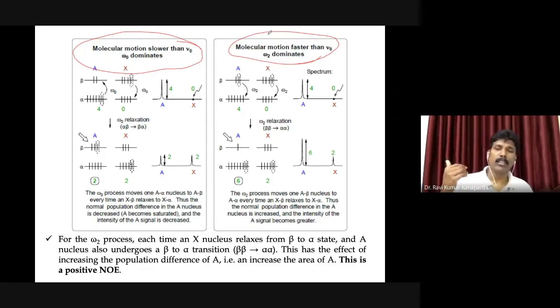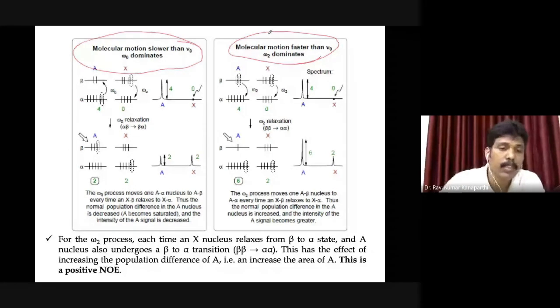Most NMR spectrometers come with a Peltier, so you can carry out the experiment at different temperatures. If you increase the temperature of the medium, the molecular motions are very fast, W2 becomes very prominent, and accordingly we will always observe the positive NOE.